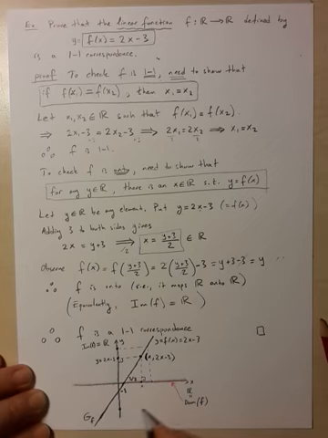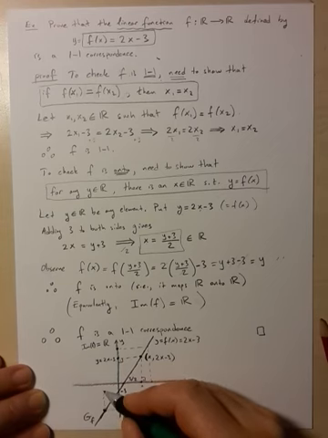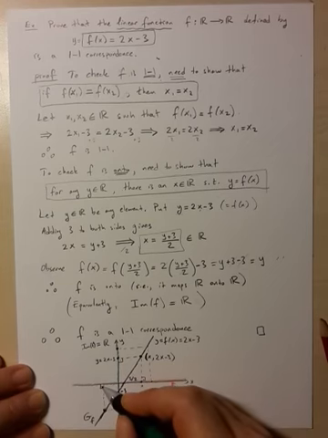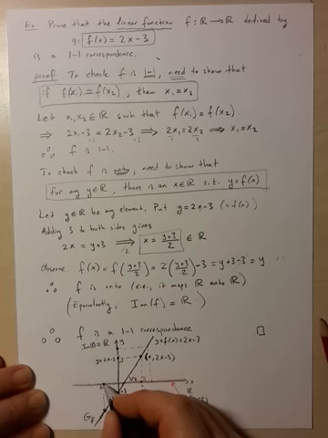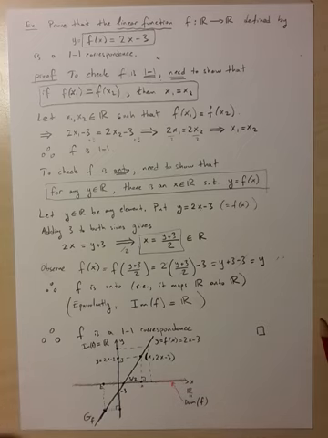Let's see. We cannot go in this direction because there is no graph here, but if we have some negative number on the vertical line, we go in this direction and have a corresponding point, and then we follow a vertical line to get a unique point. This point gives that point. So for any point, choosing either of these lines, we can find a unique point on the other line. This is the geometric meaning of one-to-one correspondence.